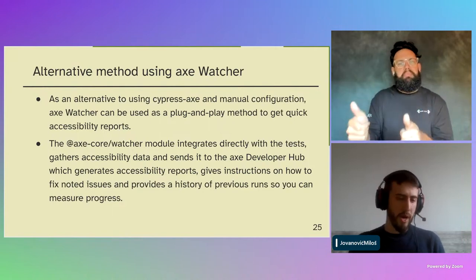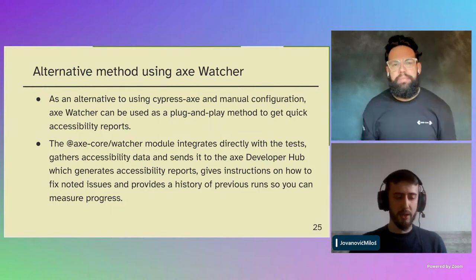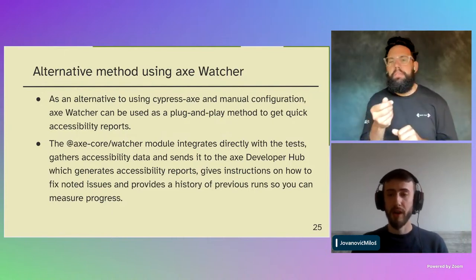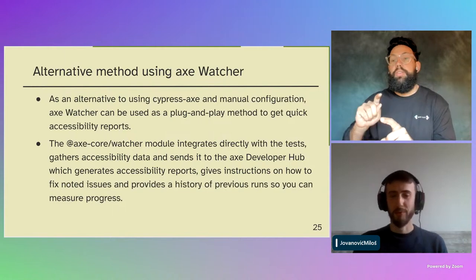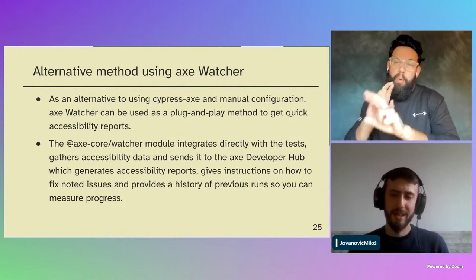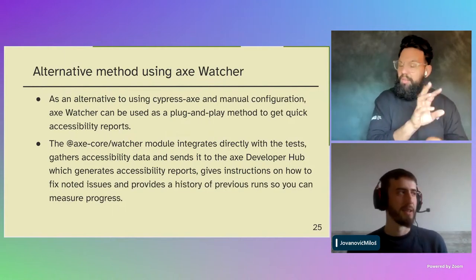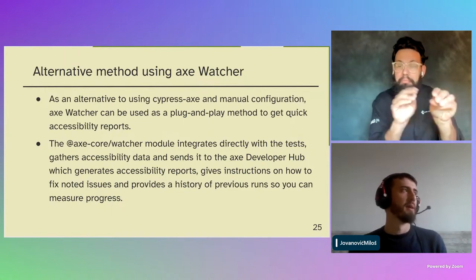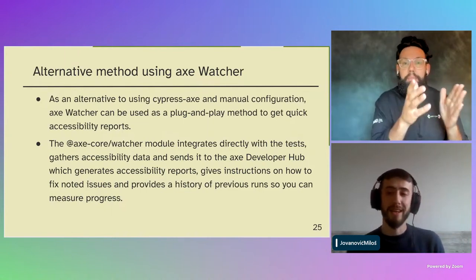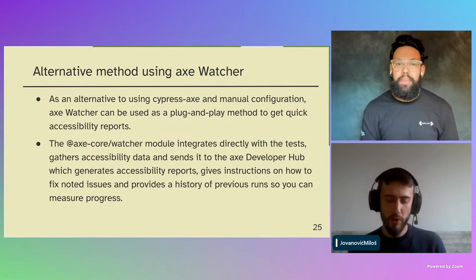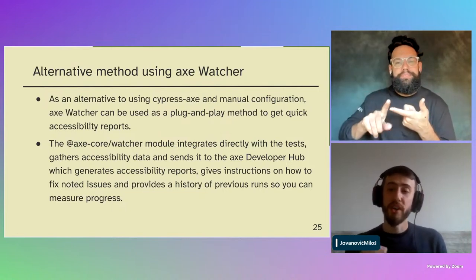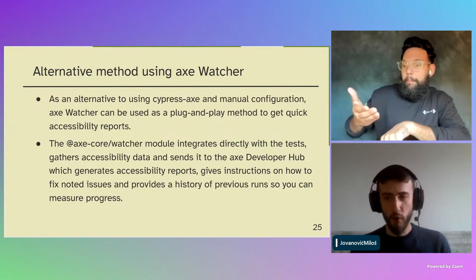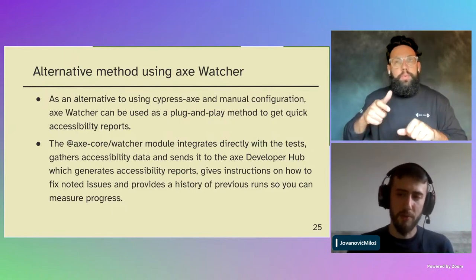Most important one being that you get the actual reports hosted on a web page somewhere, notably on the X Developer Hub, and that it is more maintainable in the long run, in the sense that it doesn't require per test edits of the code, but we'll talk about that a bit more down the line.